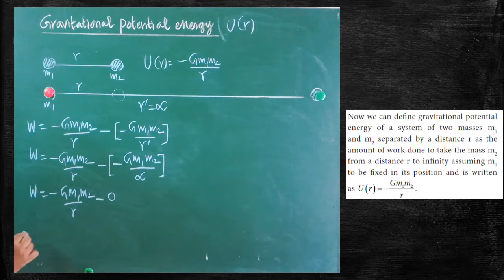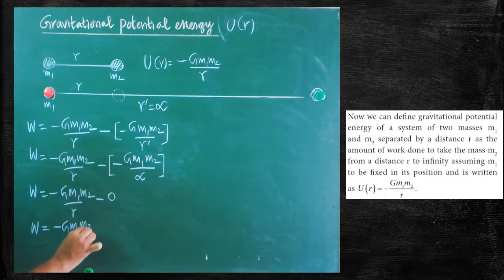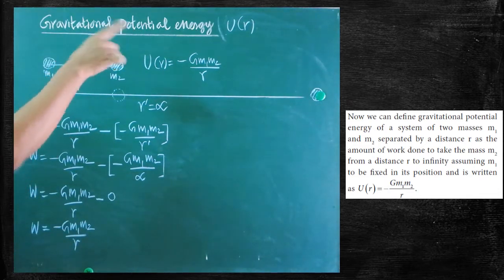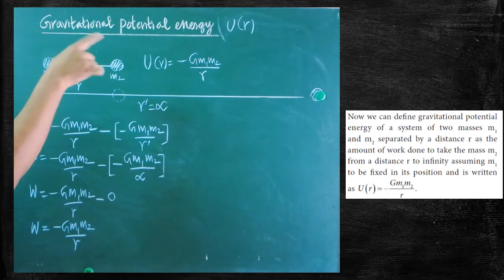So what is the remaining thing? Now finally you are getting the new formula for work done: W is equal to minus G m1 m2 divided by r is the remaining factor. Are you clear? What this equation gives you is called the gravitational potential energy. This is the gravitational potential energy.